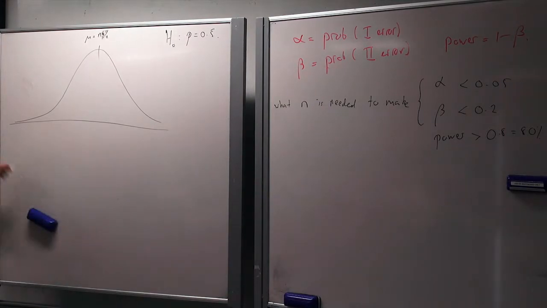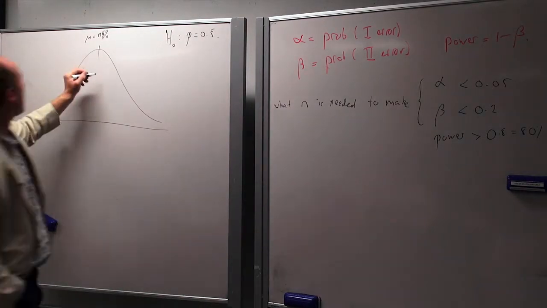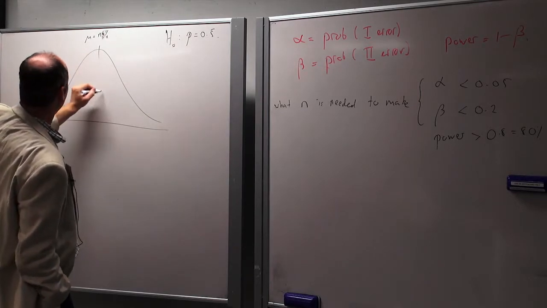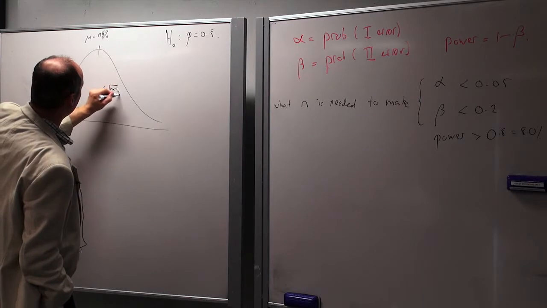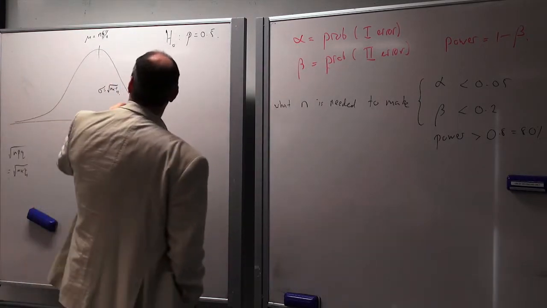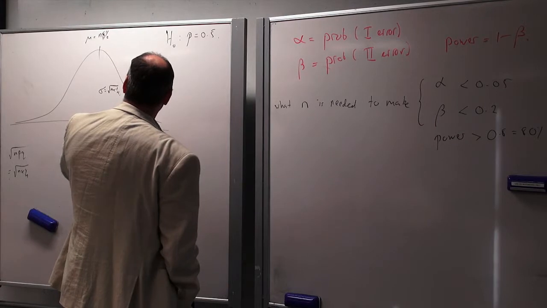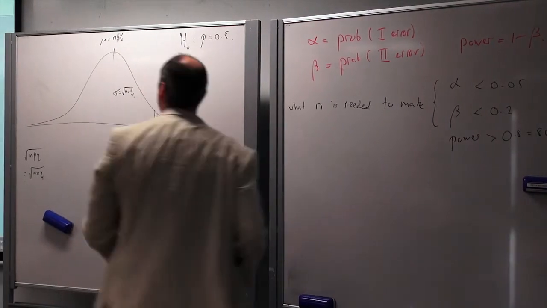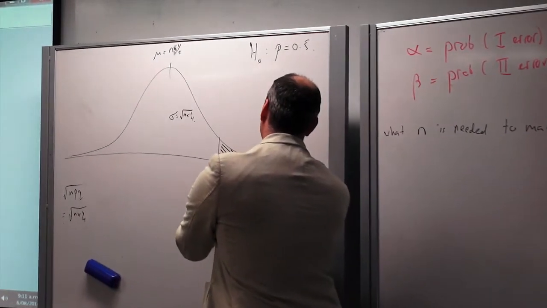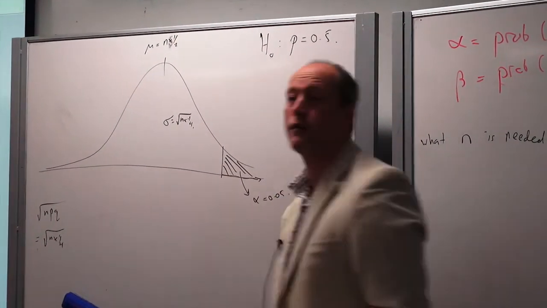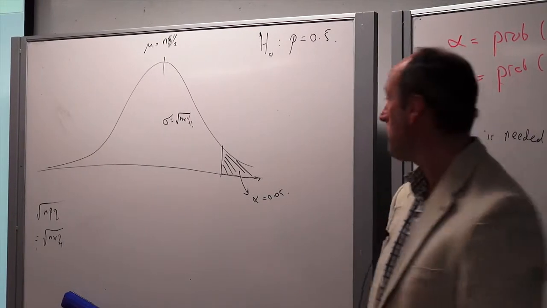The standard deviation is root npq, which in this case is the square root of n times a quarter, because it's a half times a half. So the standard deviation, put it here, root n times a quarter. And we define this little area here to make sure that that was the probability of alpha. If your observation was in this region here, we rejected it, and alpha equals 0.05 because we specified a 5% size of the test. Okay?